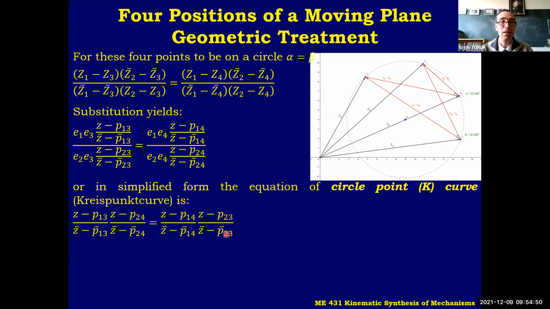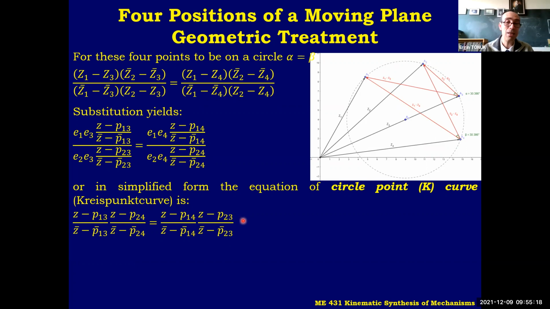So actually, the homologous points should be on such a curve. I can't select it anywhere on the plane, but it should be selected on a curve. And actually, this is also called Burmester's curve or Burmester's circle point curve.